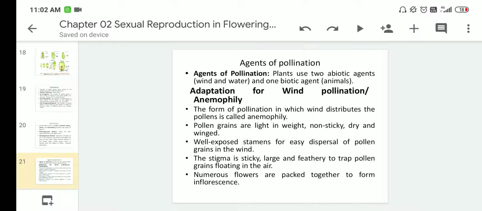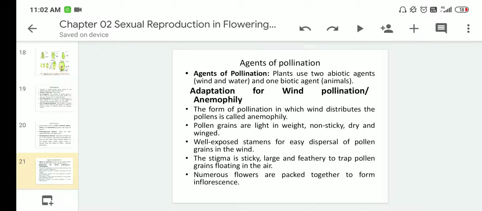Numerous flowers are packed together to form inflorescence. If you see, there is a large number of flowers in a cob length, one cob, or the maize plant apex shows the number of male flowers.